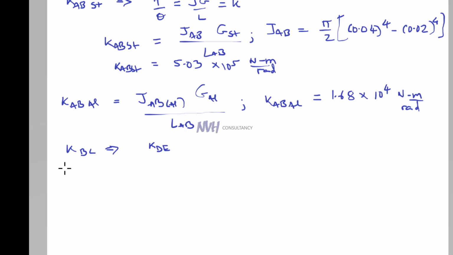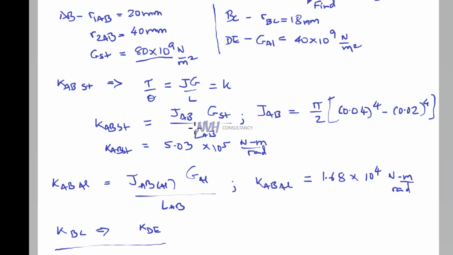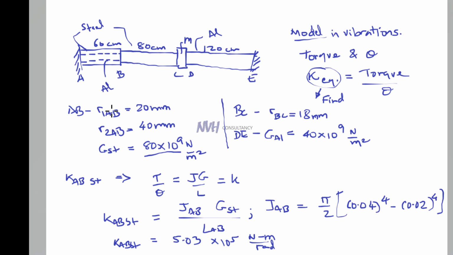Once this part is done, you want to move on to find the stiffness of the entire system. How do you do that? First of all, consider the portion AB. Let's look at the figure again. This is made up of steel on the outside, and inside is the aluminium core.